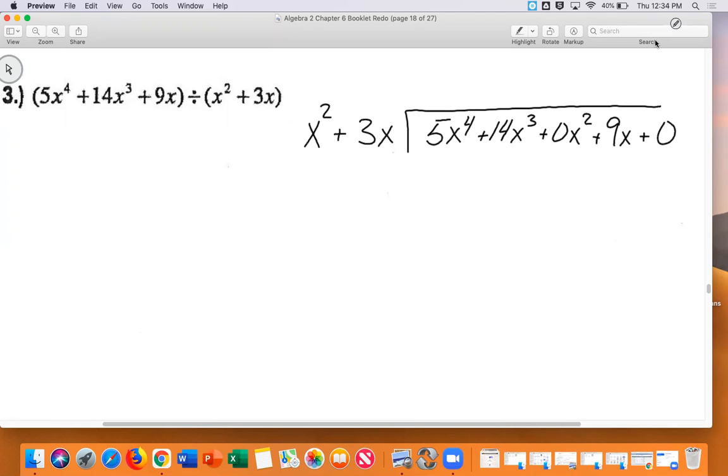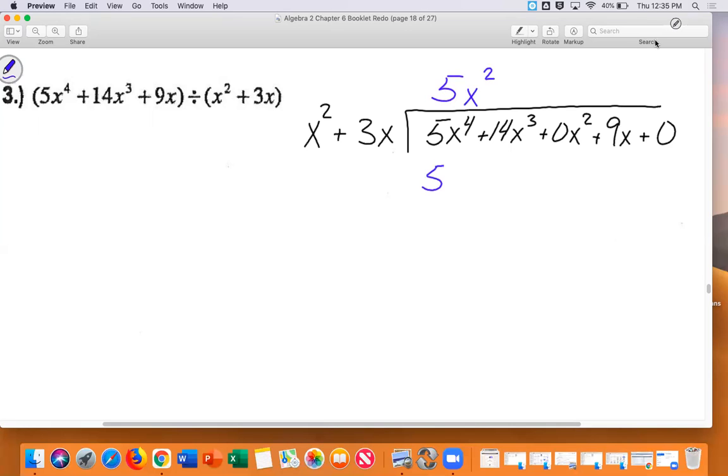Notice my powers go 4, 3, 2, 1, 0. Now, I'm going to do the problem, so just sit back and relax. I have 5x to the 4th, x squared. I'm going to multiply that by 5x squared.